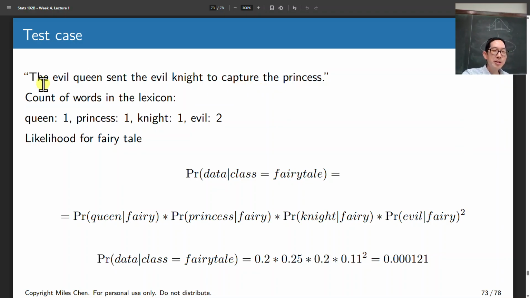So anyway, we look at the words that we have in the lexicon, and queen appears once, princess appears once, knight appears once, evil appears twice. We're ignoring any word that doesn't appear in the lexicon. So when we ask, what is the likelihood for the fairy tale class, we're going to just treat this as the product of independent things. We're not worrying about the covariance or anything. What's the probability of seeing the word queen if it came from fairy tale?